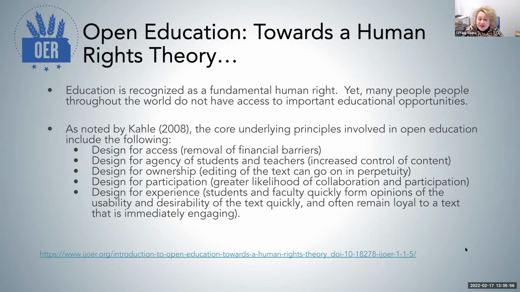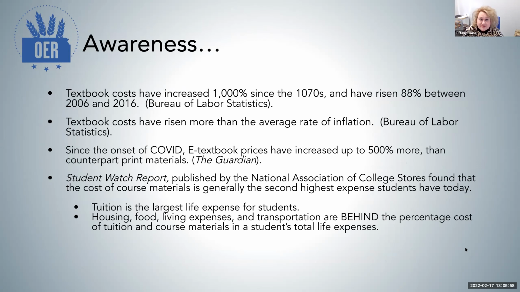Now, in terms of awareness, it's a very big deal. These are some pretty frightening statistics. Textbook costs have increased 1,000%. 1,000%, that's almost unthinkable, since the 1970s, and have risen 88% between '06 and '16.